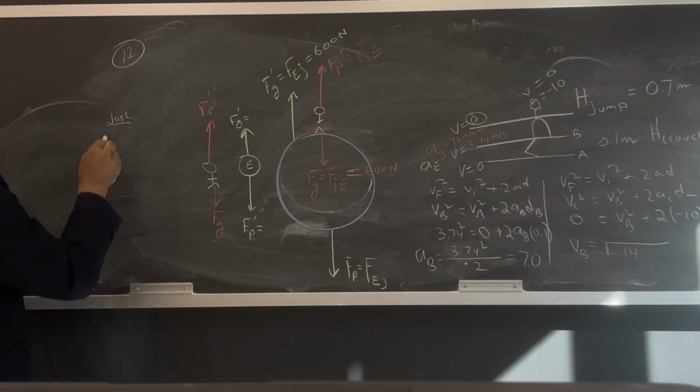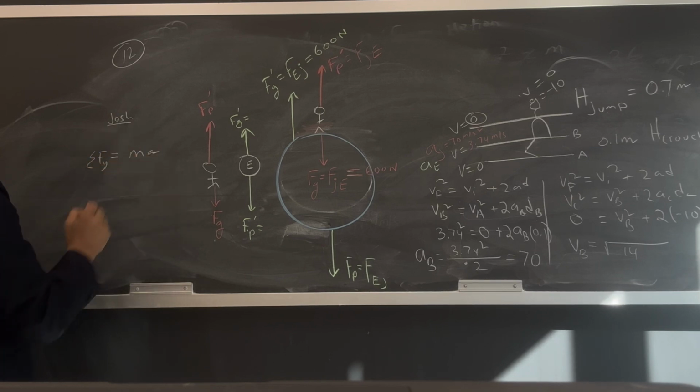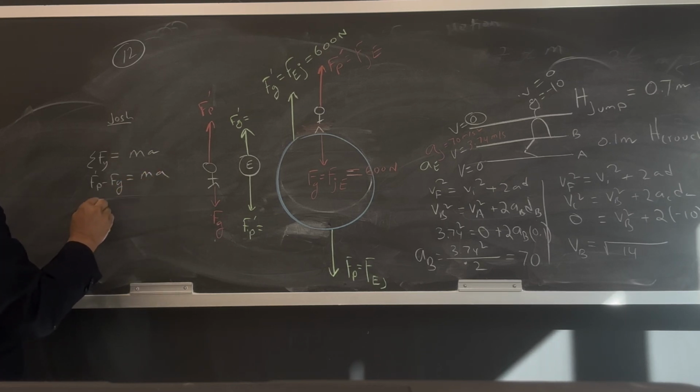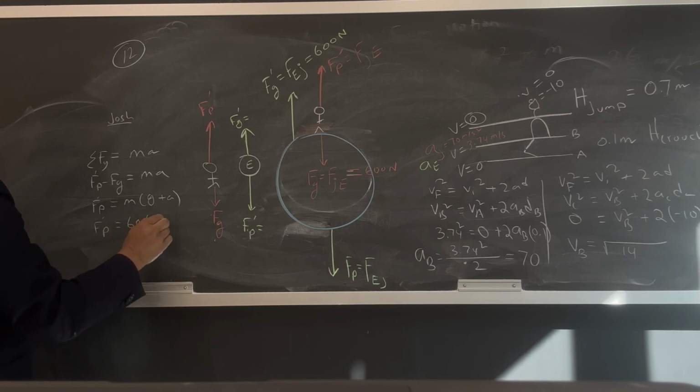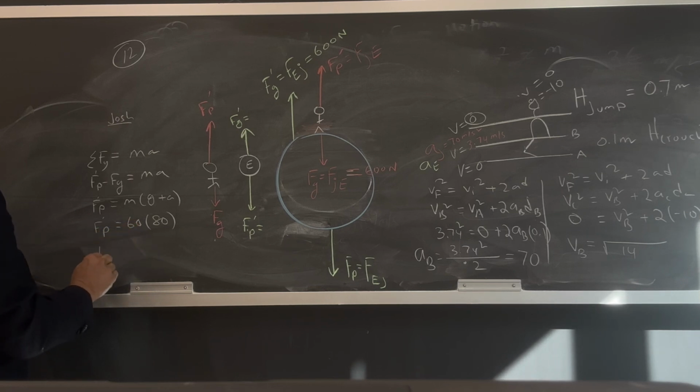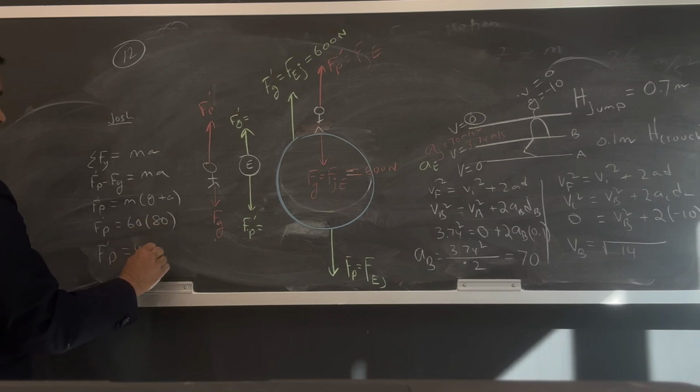F on Josh in the y direction, all the force is ma. Fp, which is positive, Fg, which is negative, equals ma. So F push is equal to m times g plus a. So F push, m is 60, g is 10 plus 70, 80. So F push is 4800 Newtons.